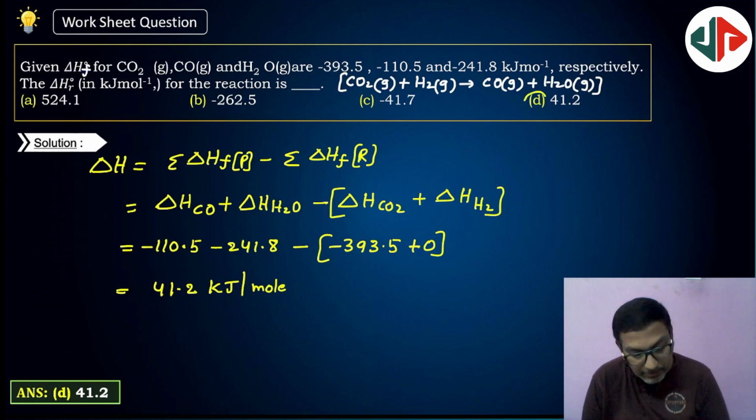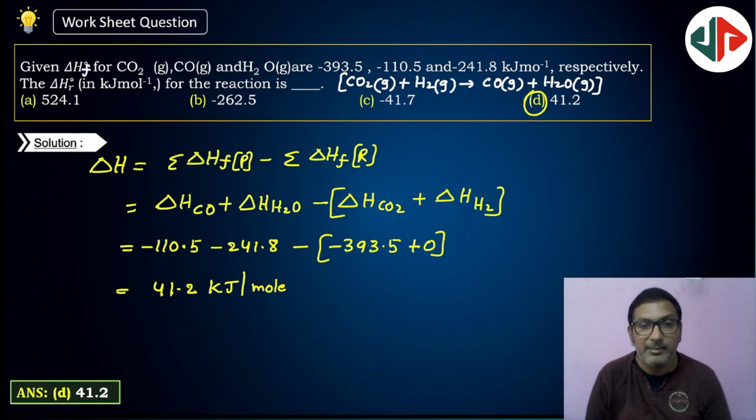So option D. This model is very, very important: delta H formations of products minus delta H formations of reactants. Just substitute the values. Formation of H2 can be taken as 0 because that is the standard state of hydrogen. Next.